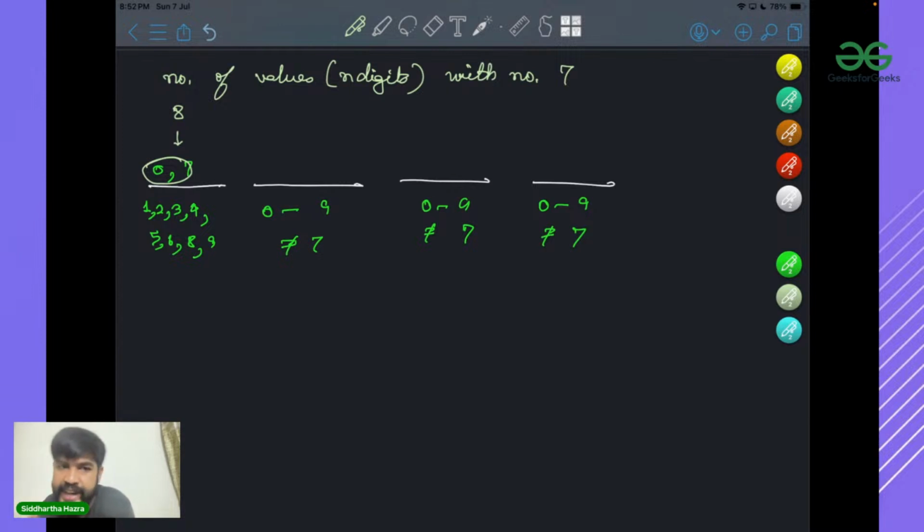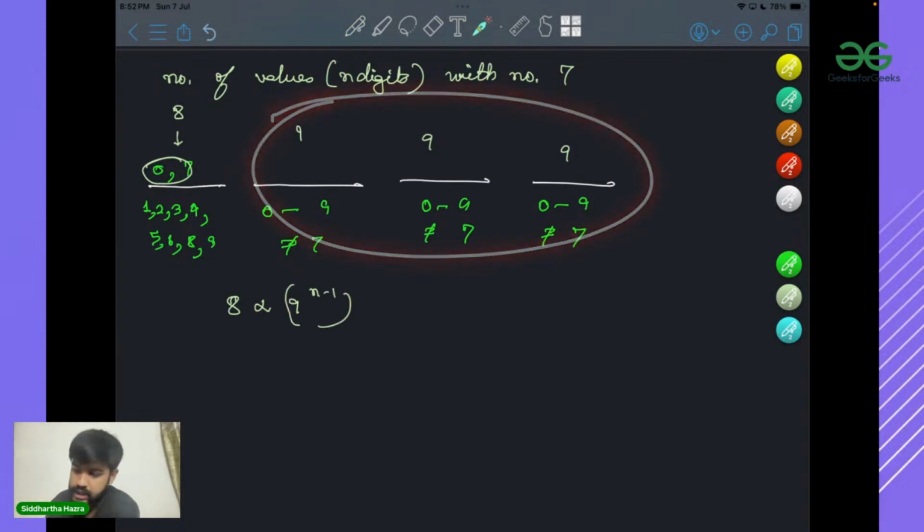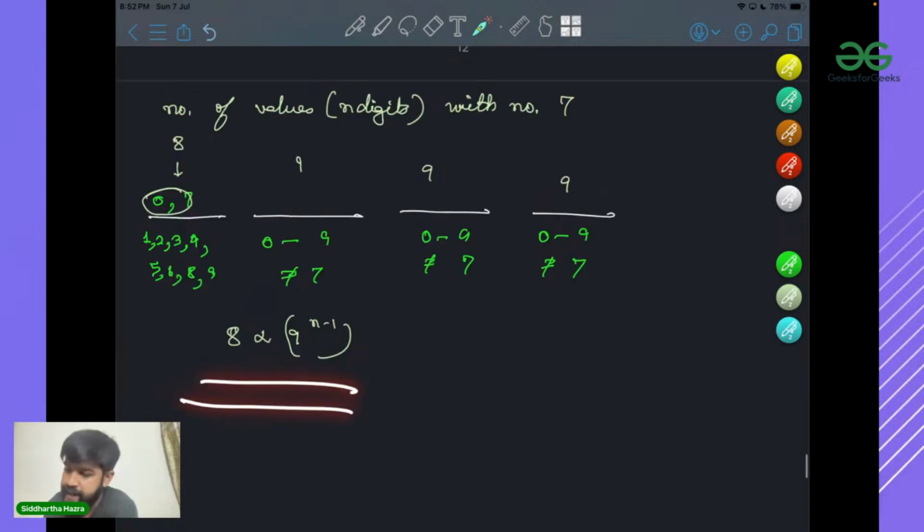I can keep 8 digits at this point. And for the other positions I can keep 10 minus 1, that is 9, 9, 9. So the number of values which does not have any 7 is 8 multiplied by 9 raised to the power n minus 1, for all the positions except the first position.